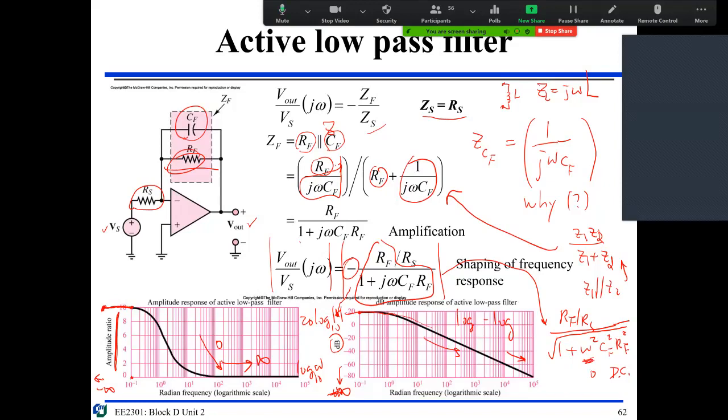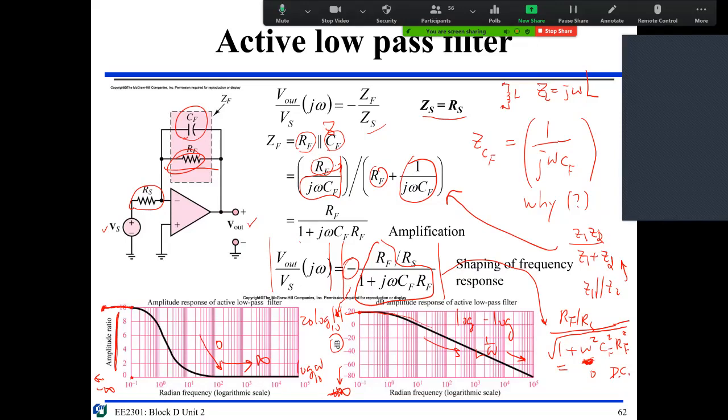Because when omega is big enough, this 1 can be ignored, so the square root becomes 1 over omega times the coefficient. So that's why you have 1 over omega, and the log of that is minus, so that's a straight line, okay?